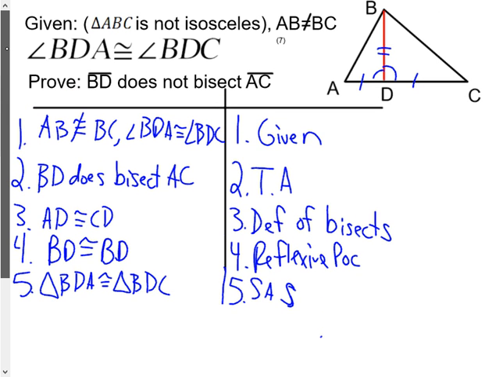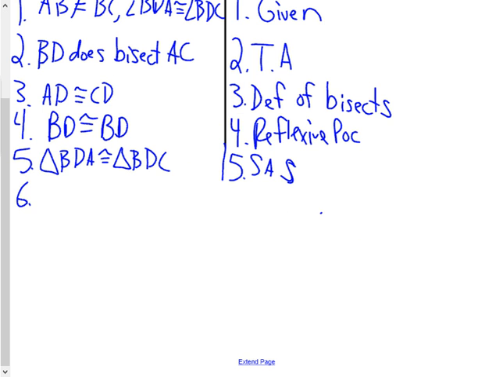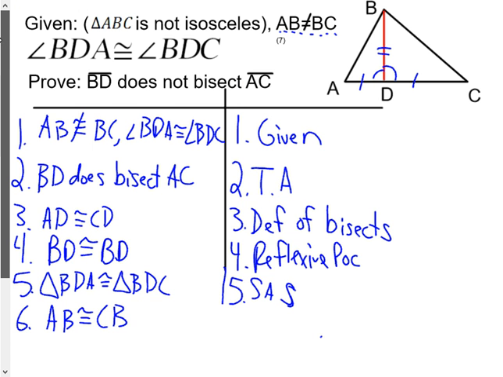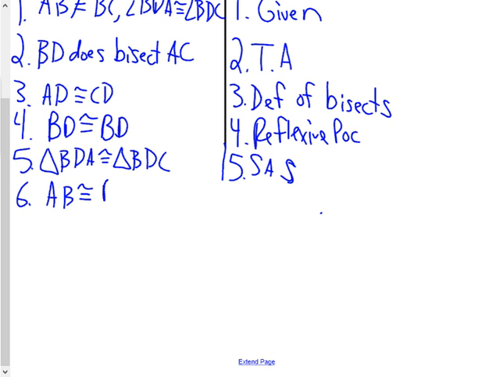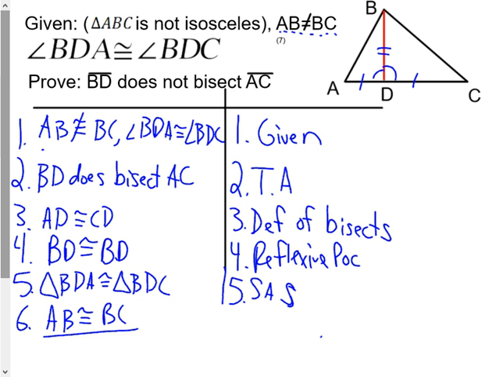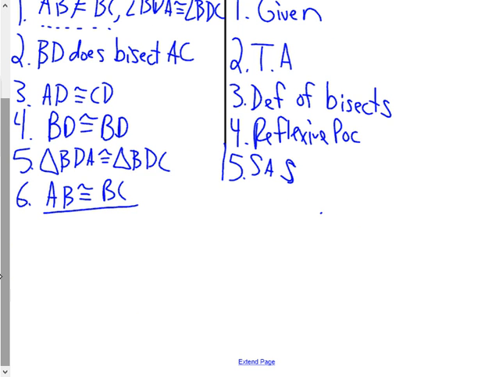It seems like a lot of work, and I'm like, why can't we do something quicker? We actually have to prove the triangles congruent to get these sides congruent. So AB and CB are congruent, or BC, same thing. And there's our contradiction.